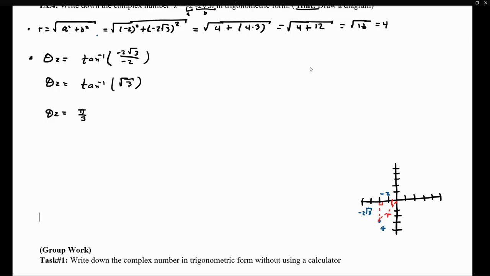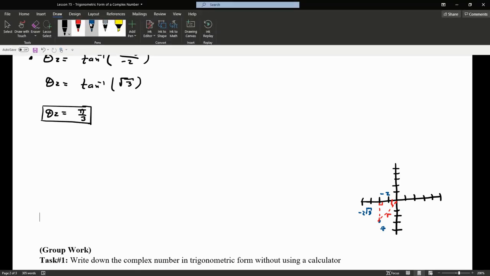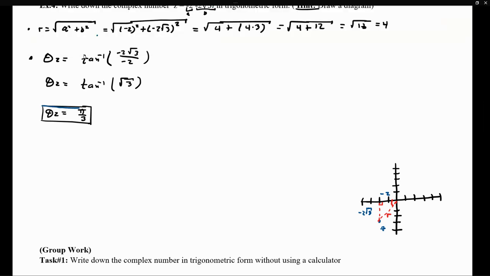Now, we have to be careful with how we define this, because even though this is my reference angle in my triangle, all this is saying is that this little angle that we have here is equivalent to pi over 3.